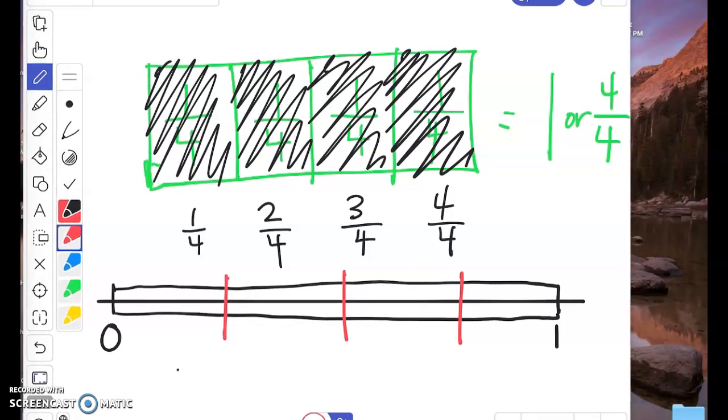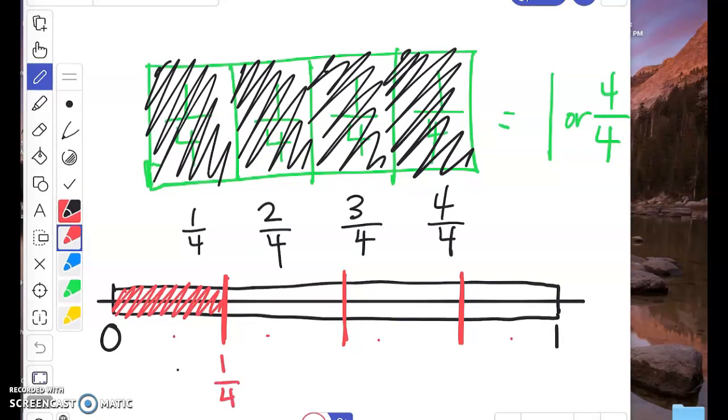Keep that in mind later, because when you're partitioning, it's often very common to accidentally draw the same number of lines as you have your denominator, when in fact you actually need 1 less. So if my denominator is 4, if I need 1, 2, 3, 4 parts, I actually only drew 1, 2, 3 lines.